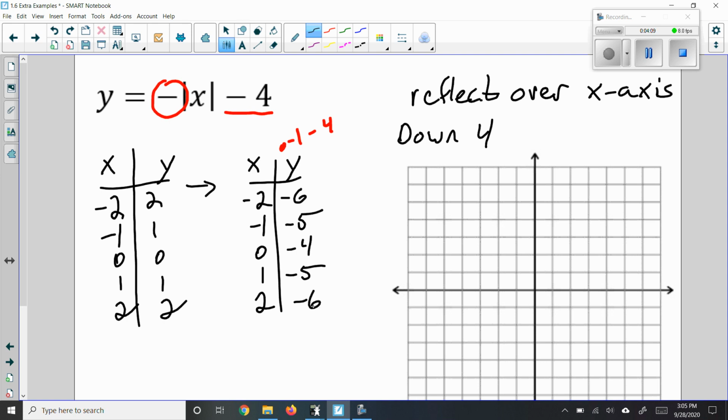And notice, once you get to the vertex here, these numbers are going to be the same as these numbers. Because the absolute value is symmetric, so these are going to be the same as these. Okay, so -2, -6.